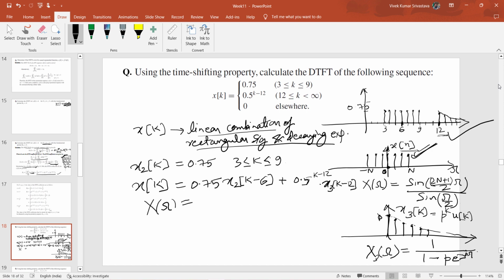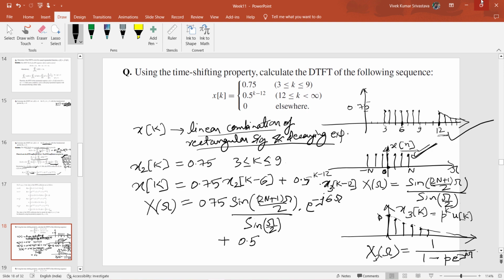So X of omega is basically defined as 0.75 sine of (2n plus 1) omega by 2 over sine of omega by 2 into e raised to the power minus j 6 omega, plus 1 over 1 minus 0.5 e raised to the power minus j omega into e raised to the power minus j 12 omega.